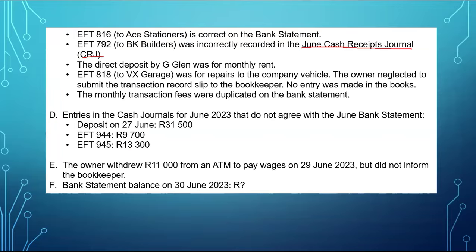Point 3. The direct deposit by GTLAN was for monthly rent. Remember, this means GTLAN made the deposit into our account. We didn't know about it. We only got to know about it when we received the bank statement.